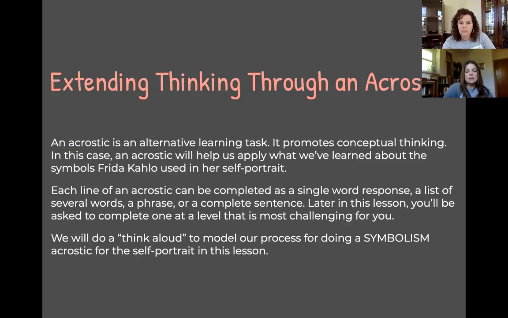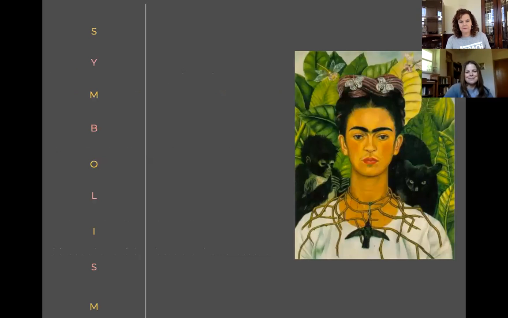Okay. Now, when we're sharing our thinking with you, I want you to pay close attention to our process. It's going to help you to create a more detailed self-portrait that will include symbols that are meaningful in your life. Now, in thinking of the words to use that represent our artist's self-portrait, you might need to use a thesaurus to help you if you're having difficulty in coming up with just the right words.